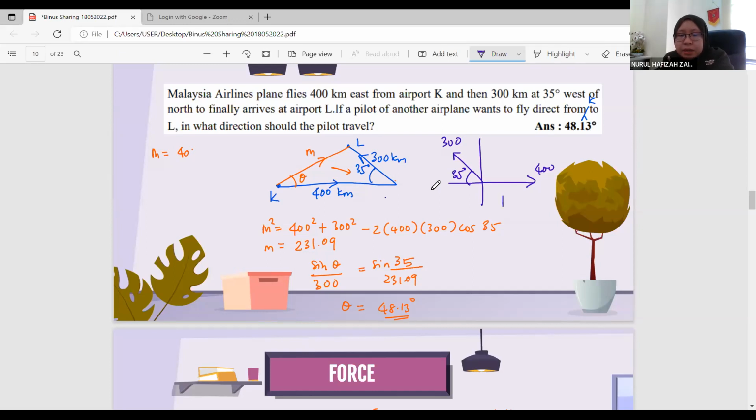I use the same technique, same calculation. So my Fx is 400, minus 300 cos 35.